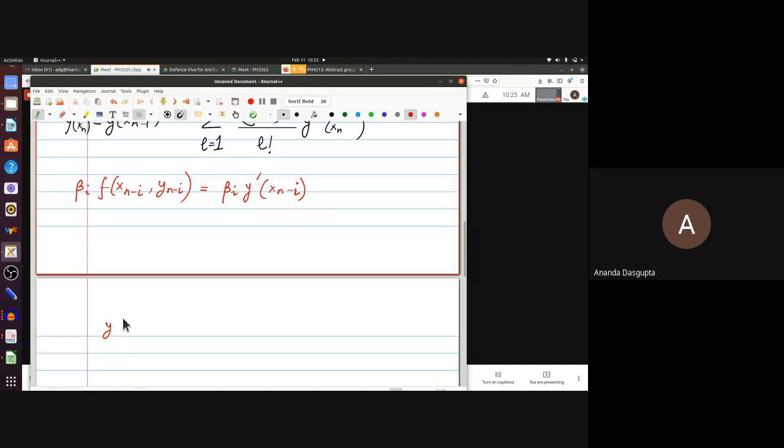But what is y at xn minus i? You tell me, what is that going to be? Again, Taylor series in terms of whatever is happening at xn. The sum from 0 to infinity of the nth derivative of y at xn.